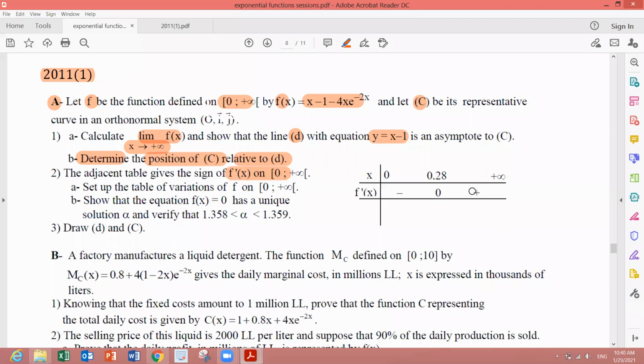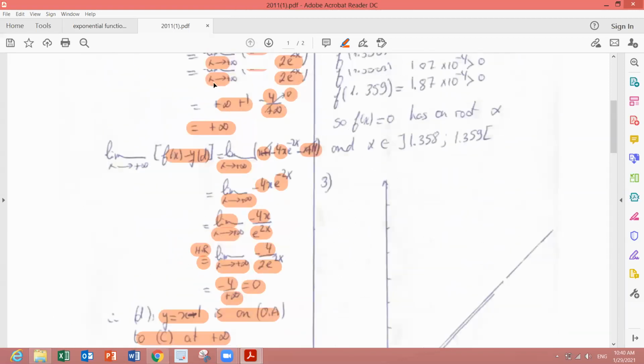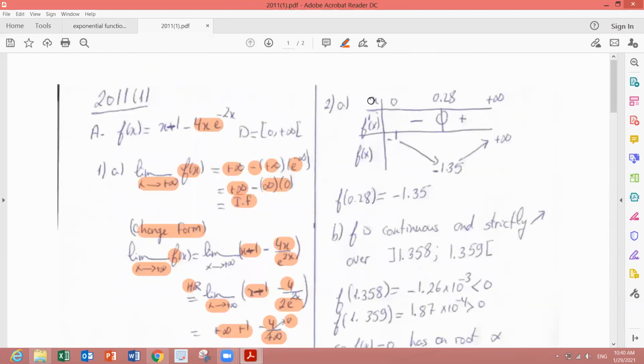Set up the table of variations of f. You know what's missing here to set up the table of variations? Increasing, decreasing. So here x, f prime x, and we have to add f(x) here.